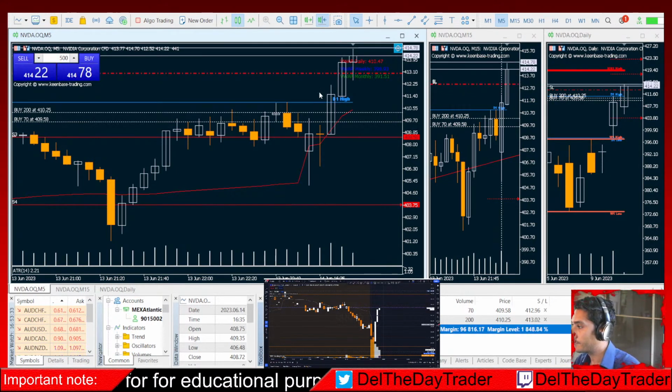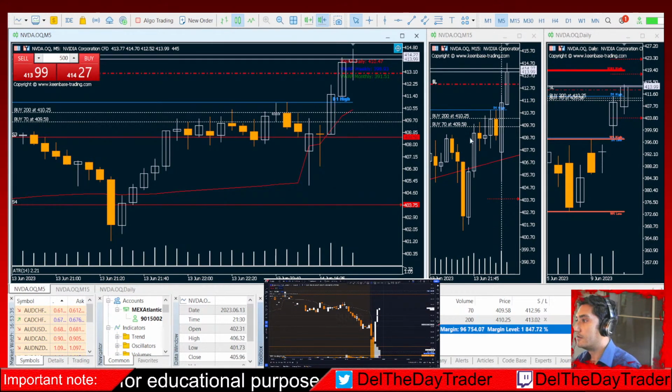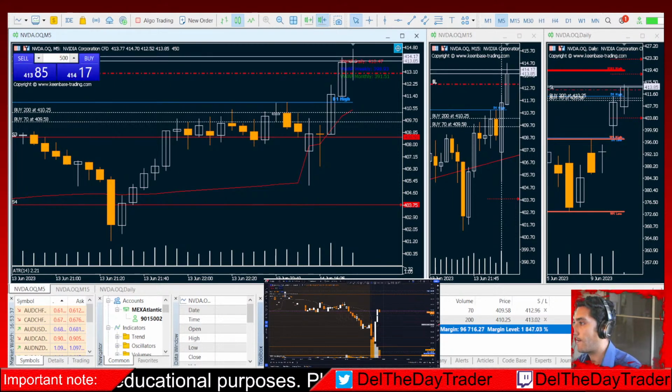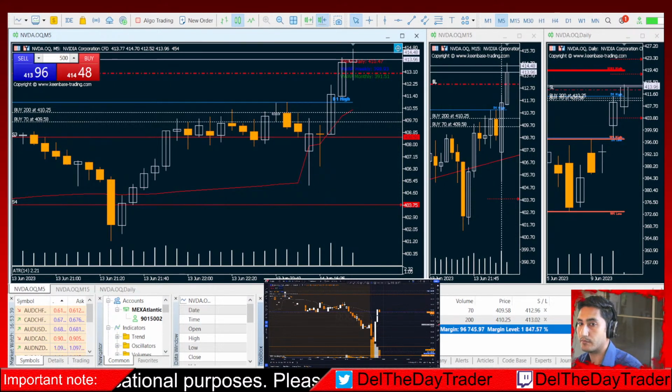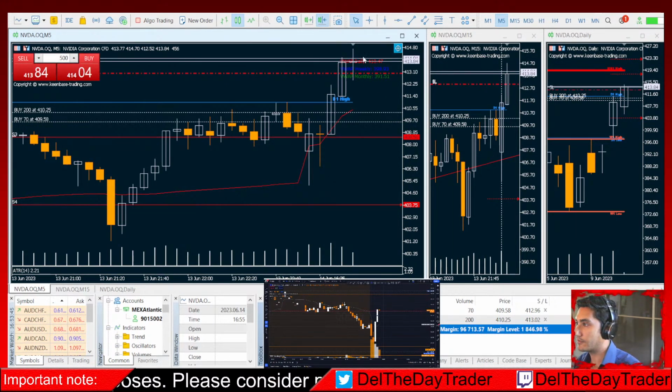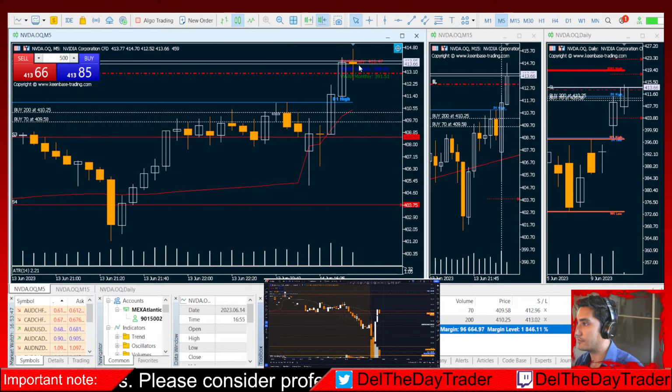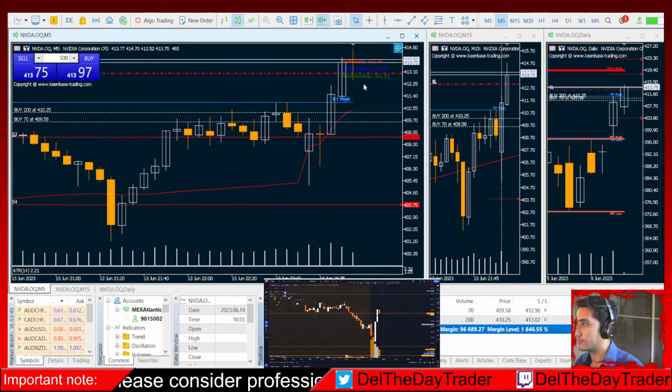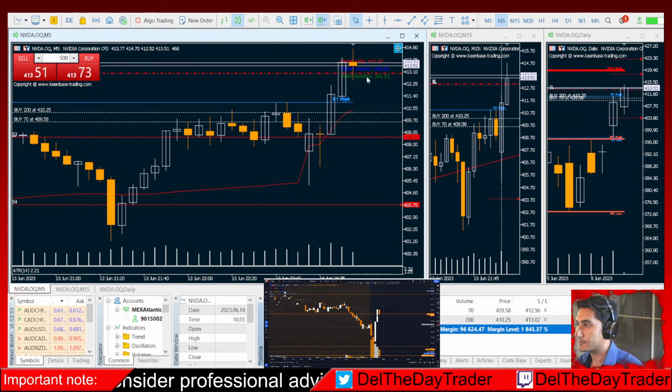Jesus. No, I'm not excited about this move. If it becomes doji, I don't see a good continuation for this trend.